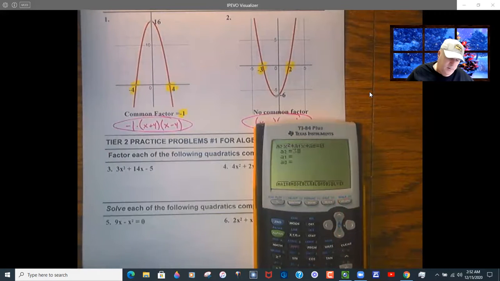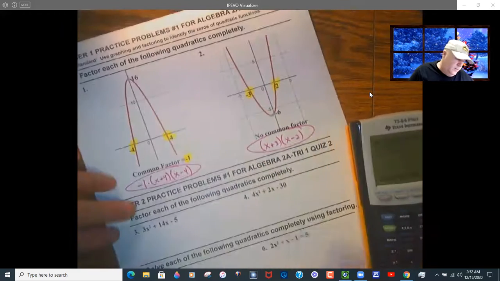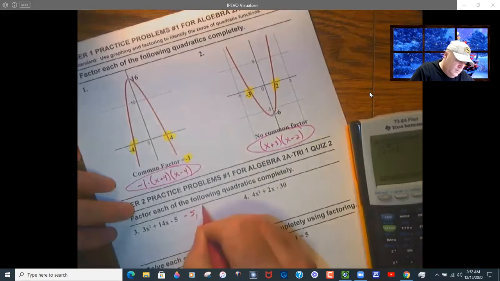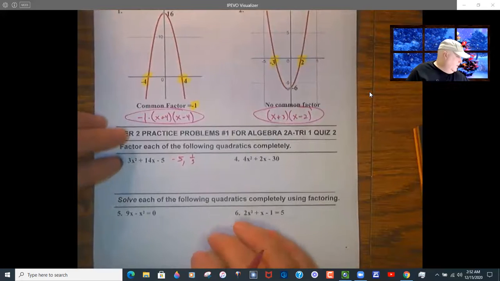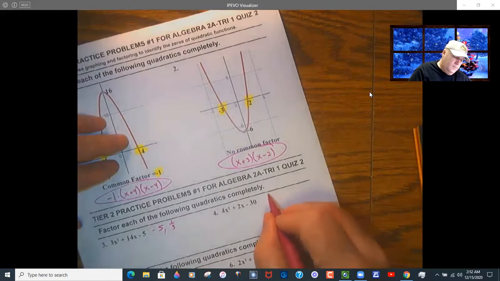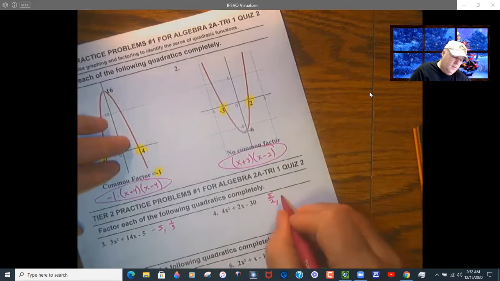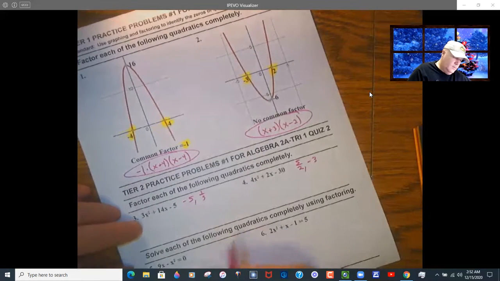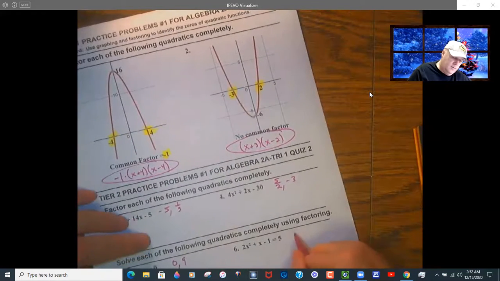And then you put in the coefficients, 3, 14, and -5, and press solve, and then out comes the x-intercepts. It will not get common factors, so make sure you're checking for a common factor in the end. So those are the roots there, and then 0 and 9, and then -2 and 3/2 here.